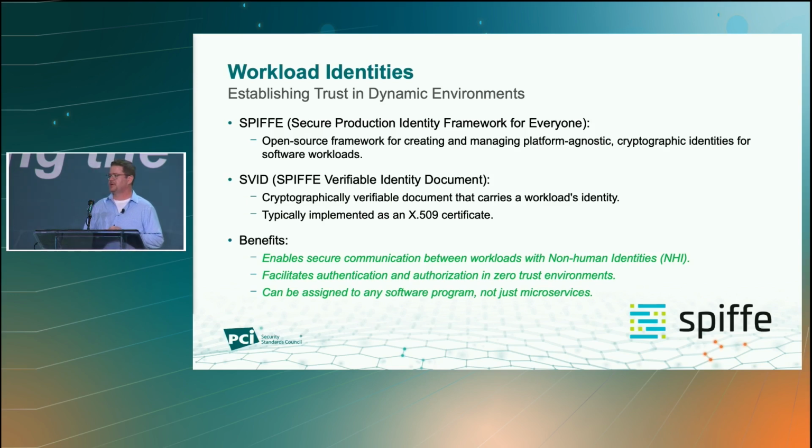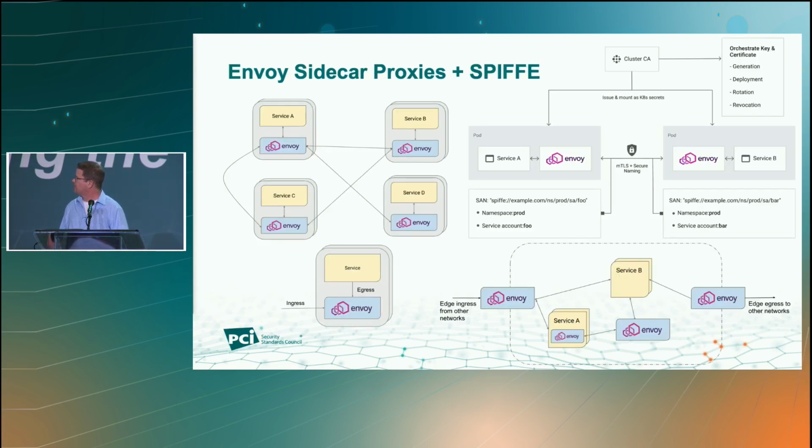So these SPIFFE IDs and SVIDs can literally be assigned to any piece of code that's running in the data center, on-prem, or in the cloud. Workload identities are issued per service, so each service would be issued a SPIFFE-based ID.